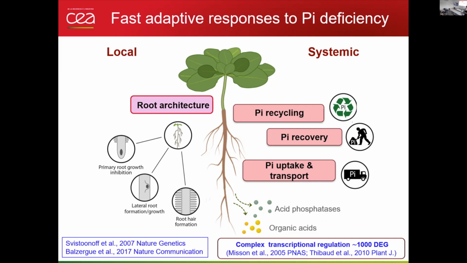And we identified them and conducted the first identification of the gene regulators affecting phosphate recycling. For example, you are going to change phospholipids into galacto or sulfolipids, so triggering a novel way of response. Phosphate recovery, you are going to secrete phosphatase to recover phosphate from organic matter, or phosphate uptake and transport.